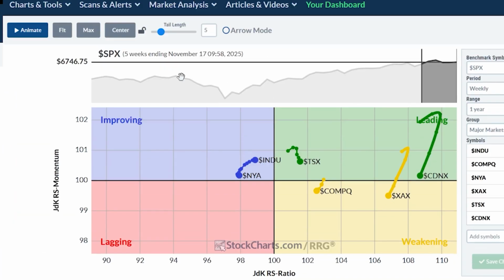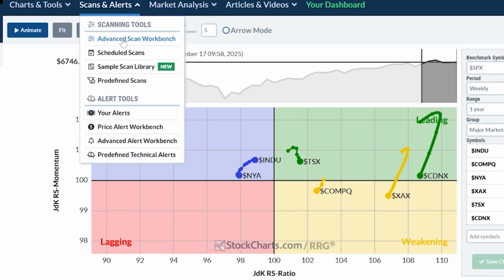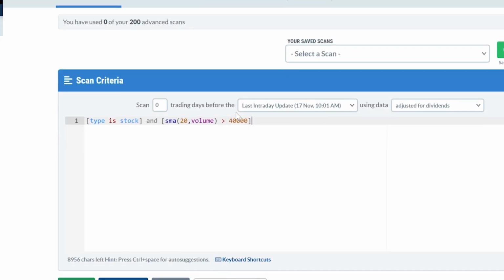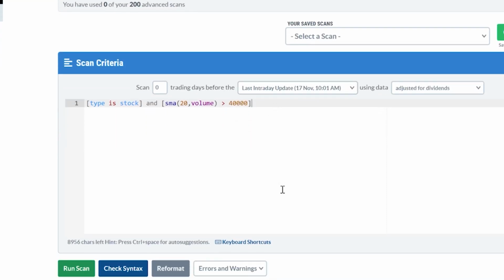I said at the beginning of my review here that I don't love the scanning tools within StockCharts.com, and it's not because they're not powerful, it's because they're a little bit hard to use. So this is the scan workbench in StockCharts.com, and you can see that it kind of looks like a coding interface, and it kind of is. You have to actually use StockCharts.com's custom coding language here to build scans.